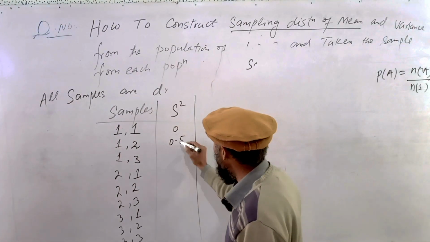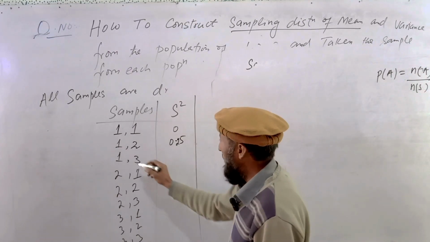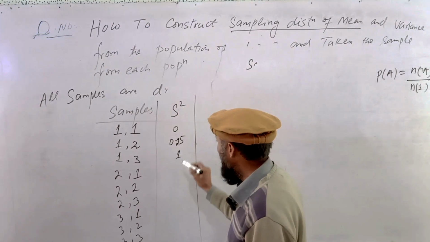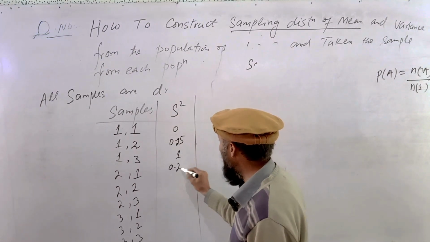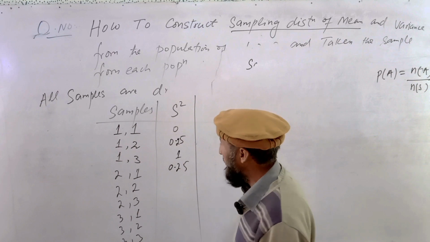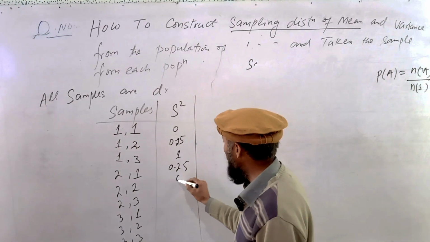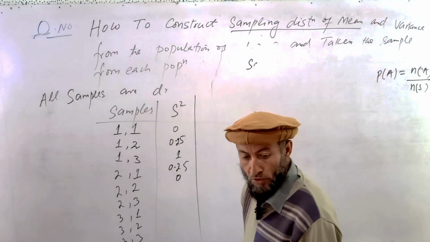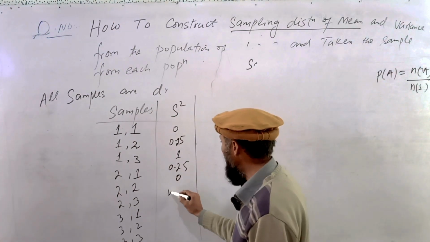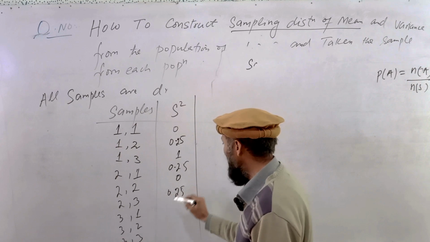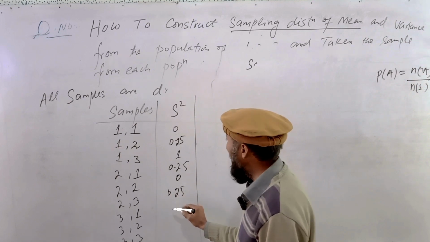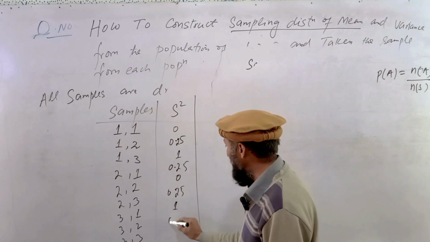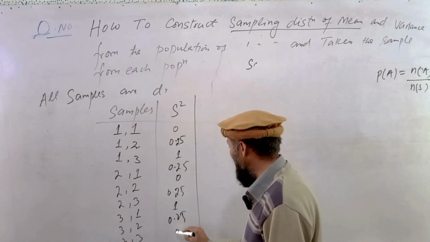For 1 3, the answer is 2. For 2 1, 0.5, and for 2 2, the variance is 0. For 2 3 we get 0.5, for 3 1 we get 2, and for 3 2, 0.5, and 3 3 is 0.